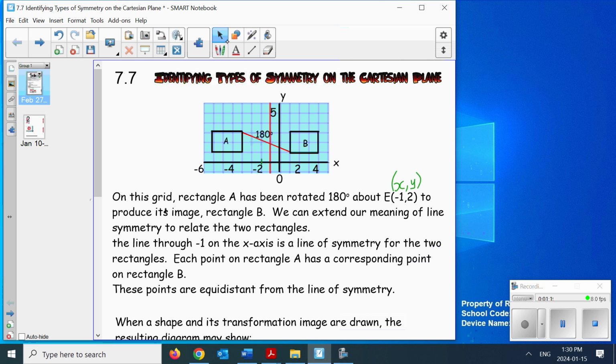Negative 1 and 2. You see where they intersect right here? That's the spinning line is what we're saying, right?